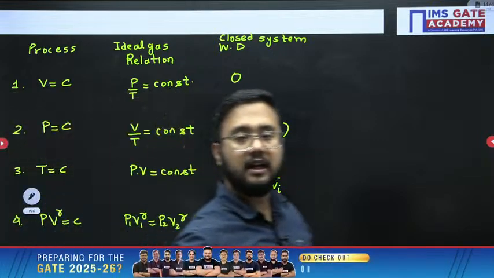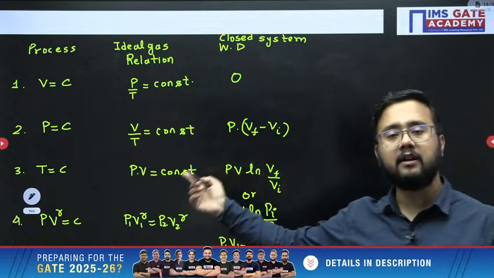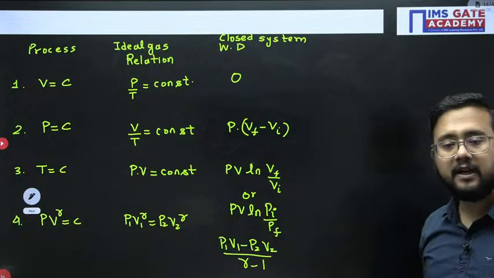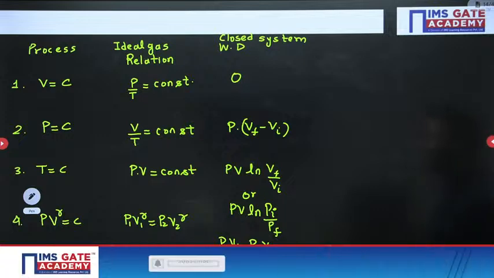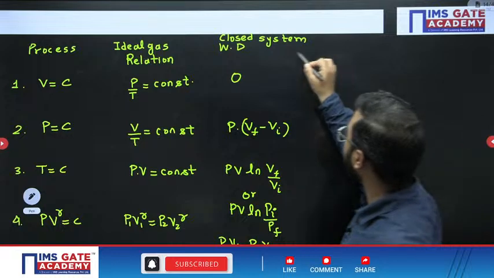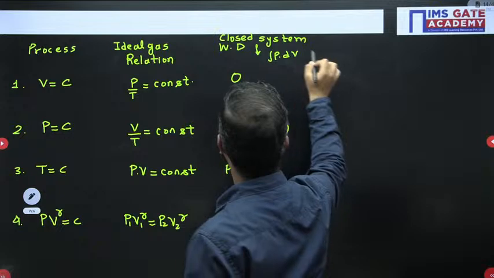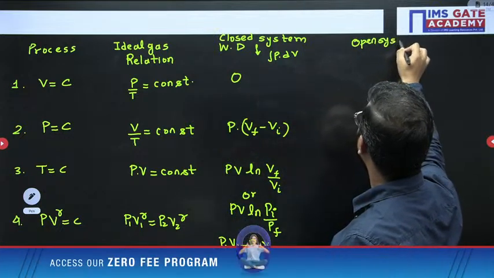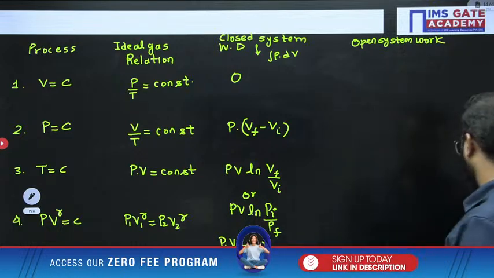If I talk about the polytropic process, it is represented as P into V to the power n equals constant, and the work done will be P1 V1 minus P2 V2 divided by n minus 1. That's it. Nothing changes compared to the polytropic process. So the closed system work done formula you should remember. How are you writing it? Integration of PdV. Okay. For open system work, how will you write open system work?